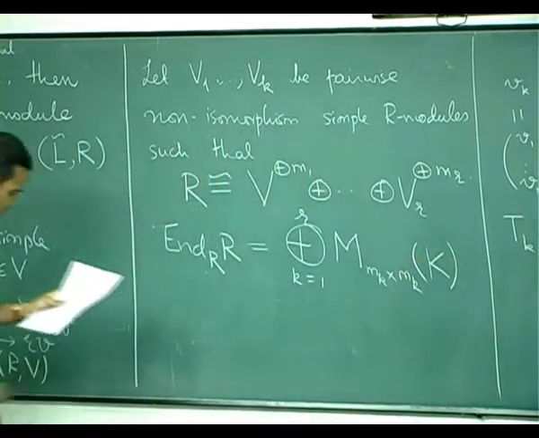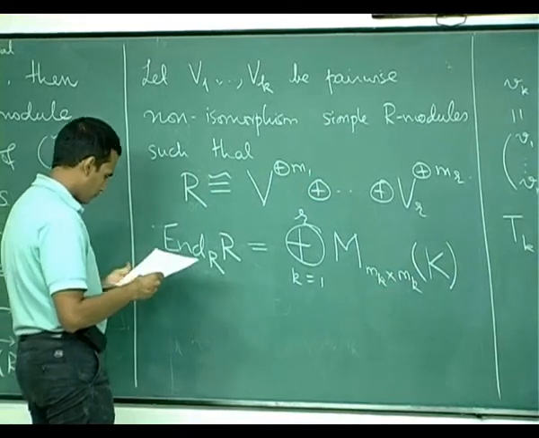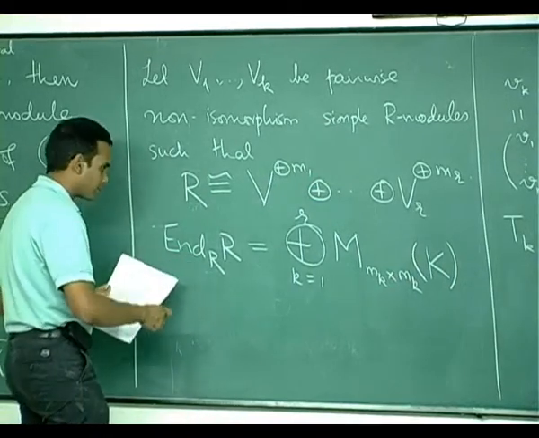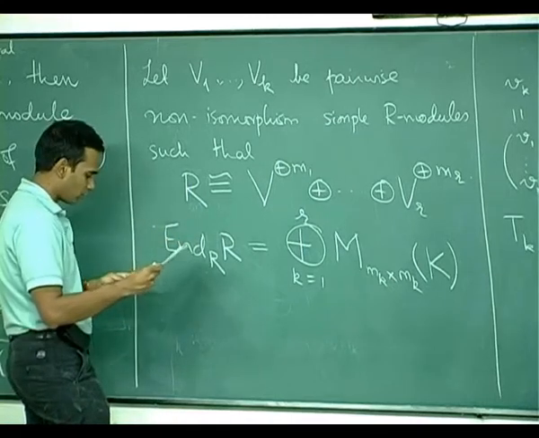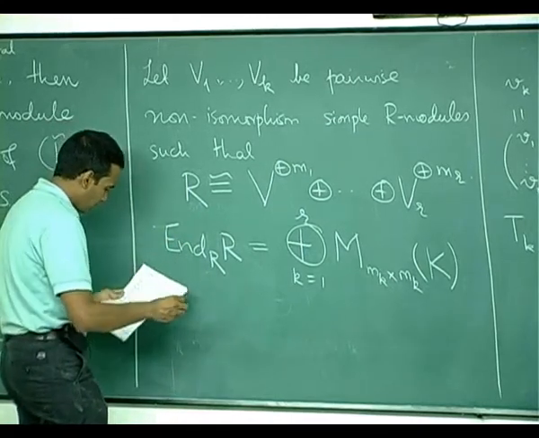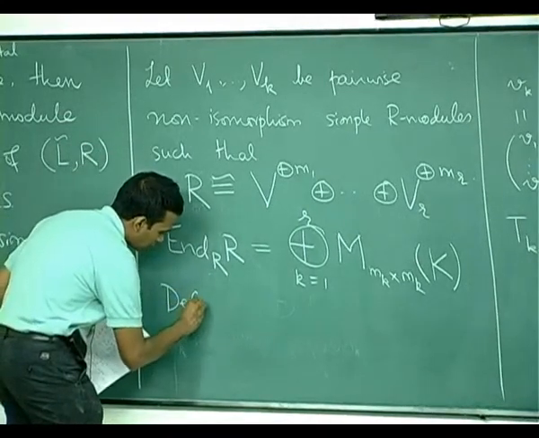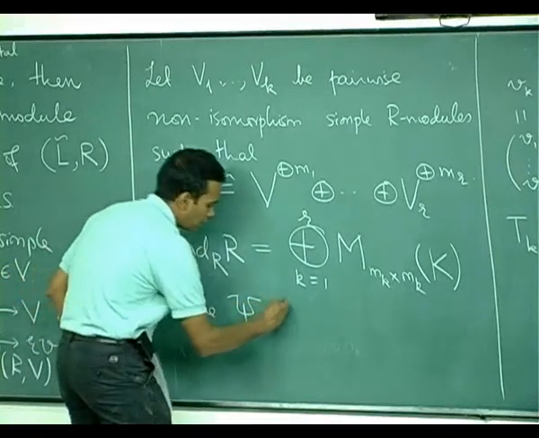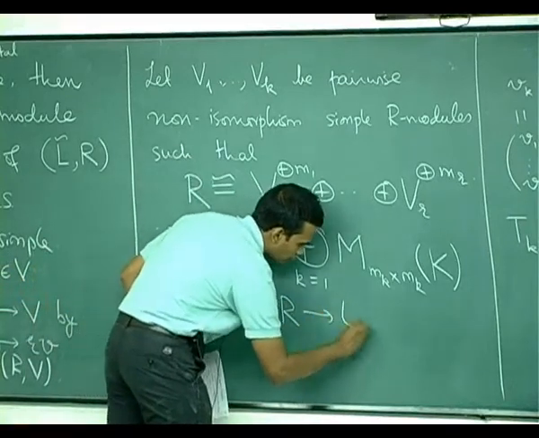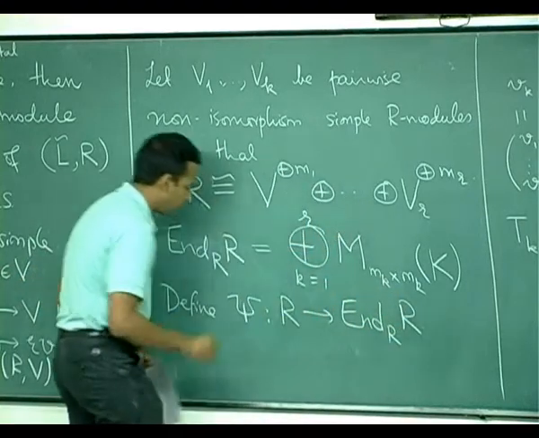What does this tell us about R itself? I claim that this actually more or less resolves the structure of R for us, because suppose I define a map from R to End R by using right multiplication.